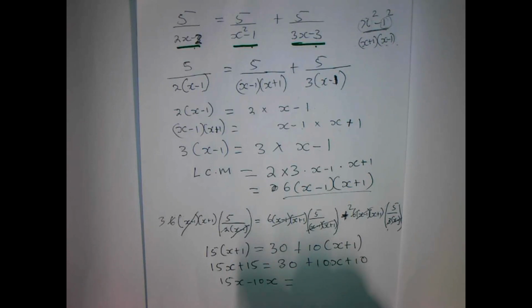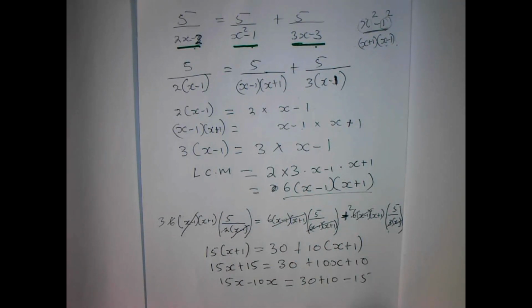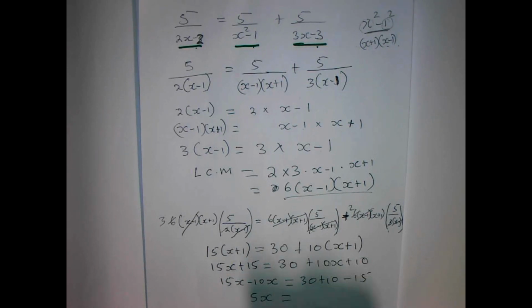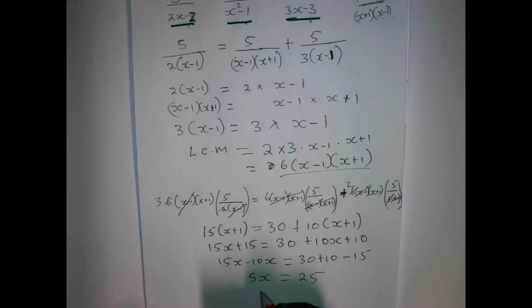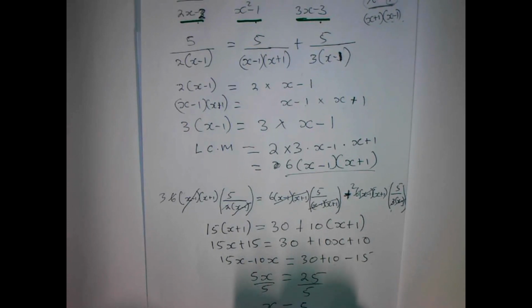Is equal to 30 plus 10 minus 15. You see 15 is going the other side, so it will be minus. So we will have here 5x is equal to 40 minus 15, that should be 25. You can divide by 5 throughout. So we'll get x is equal to 5.